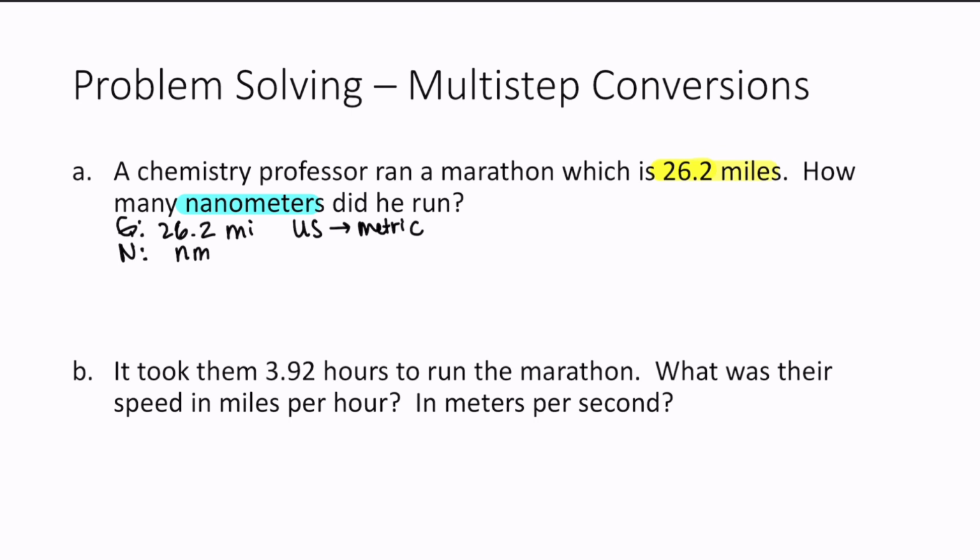So that will take us to the metric system. And then from there, we can convert from kilometers to nanometers. So I have that 0.621 miles is equal to 1 kilometer. And then from there, I can convert within the metric system.